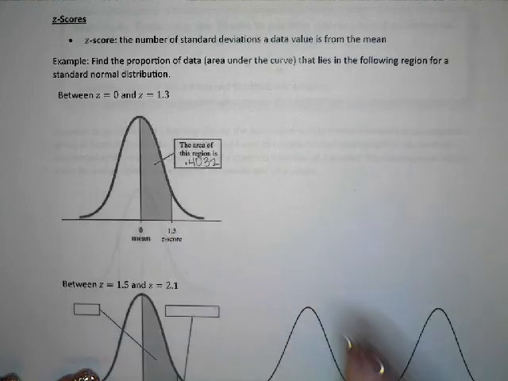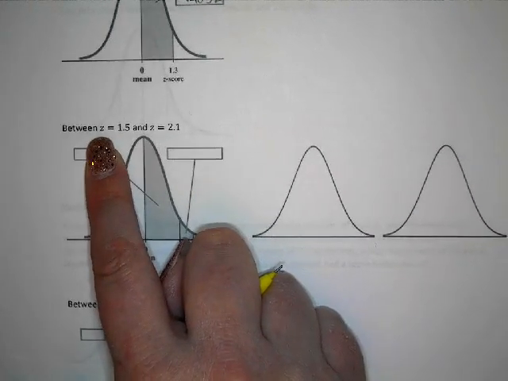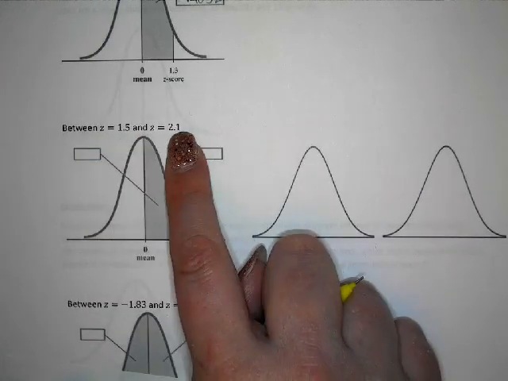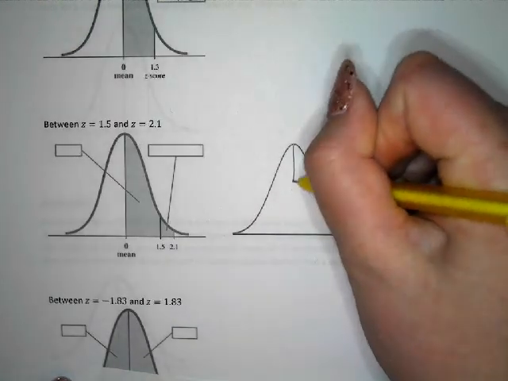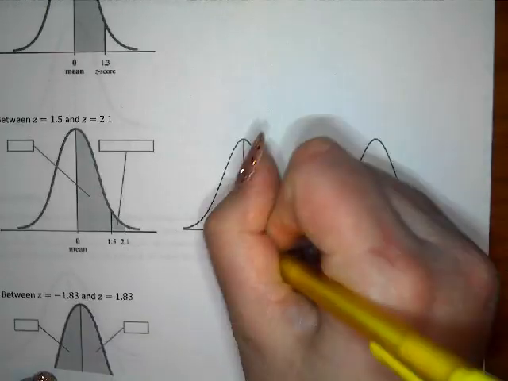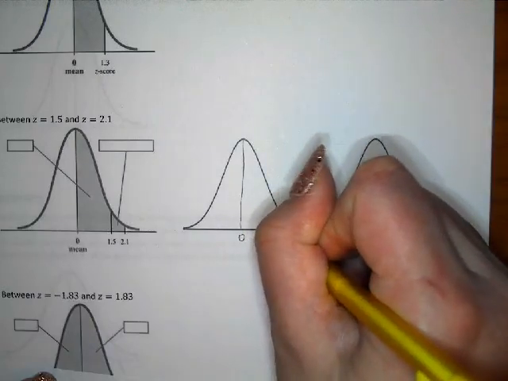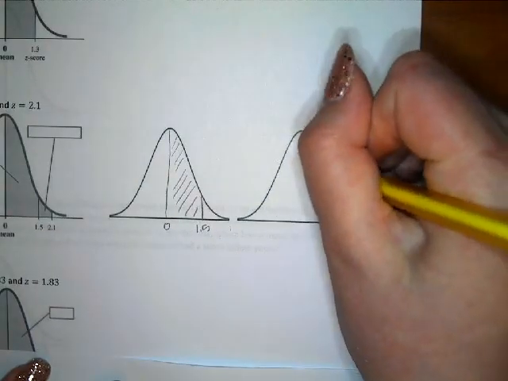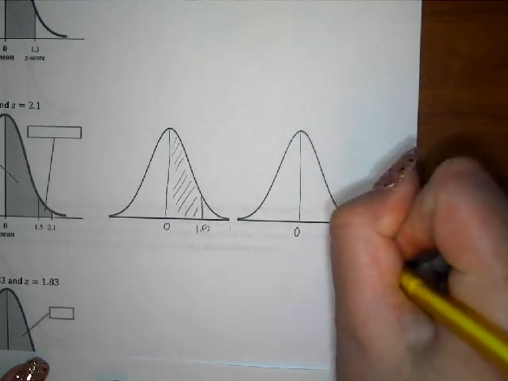All right, here it says find the area under the curve between 1.5 and 2.1. So we're going to do two calculations. Our table can give us the area from 0 to 1.5, and it can give us the area from 0 to 2.1, but it can't give us the area in between them.